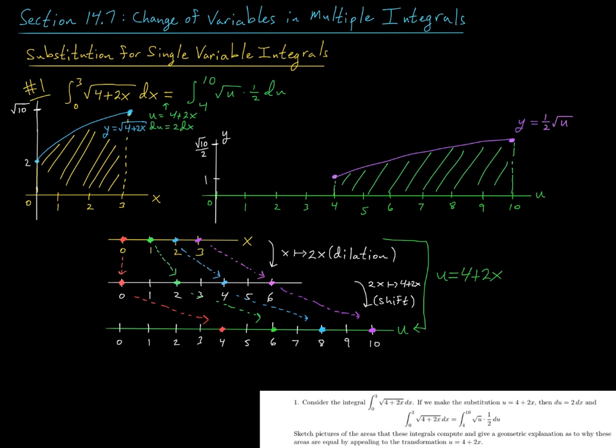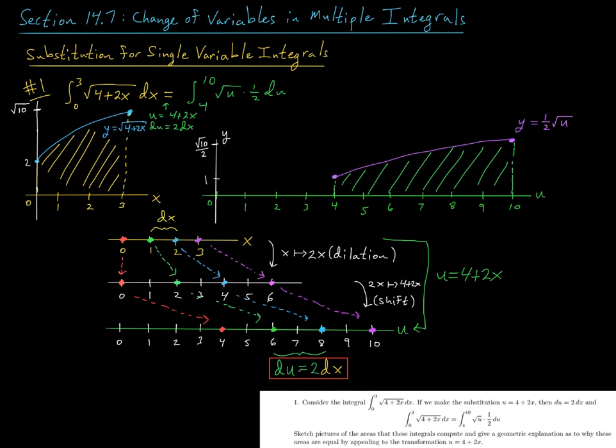Okay, and as a consequence of applying this dilation and shift, if I look at a little length here on the x-axis, I'll call that length dx. That is going to get stretched to a length of 2 dx. So for this length du, if this thing is the image of this length up here, then du will be twice this original length.